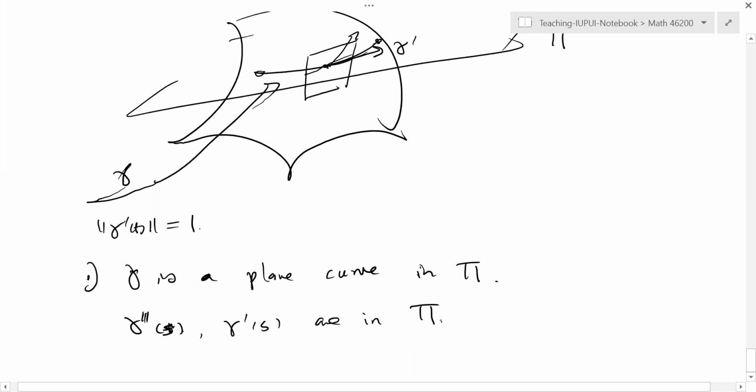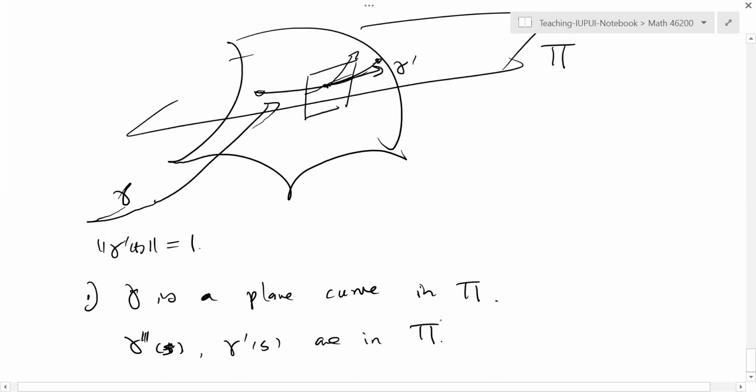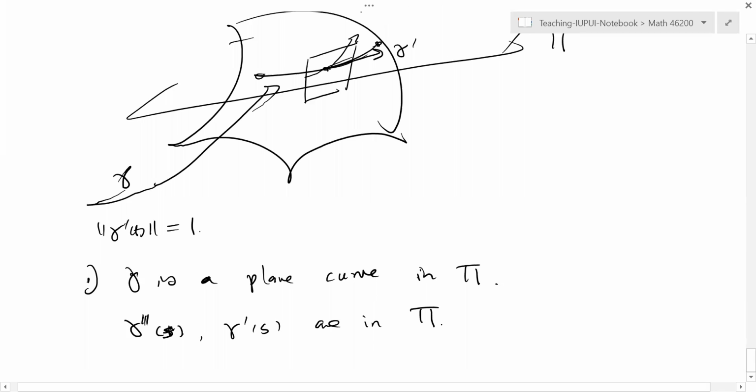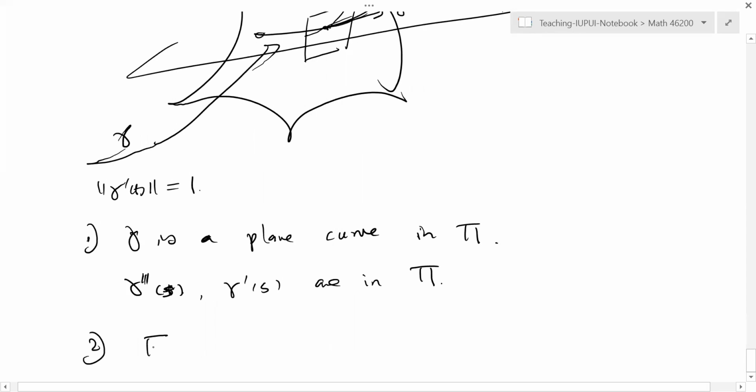Now, by assumption, pi is perpendicular to the tangent plane. What does that mean? The normal vector to pi should be perpendicular to the normal vector of the tangent plane at this particular point.